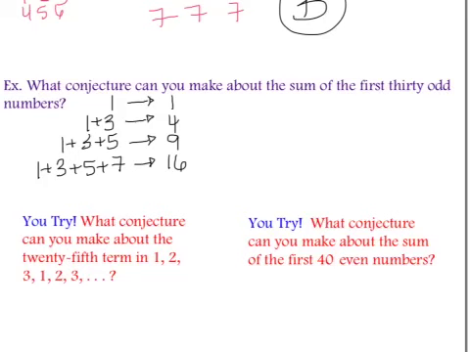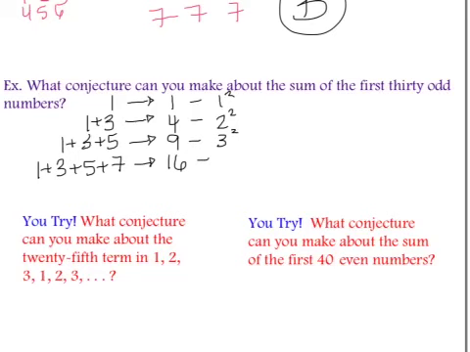In this case, it's not a pattern of addition, subtraction, multiplication, or division, or a combination. It's actually a pattern dealing with exponents. So the first term is actually 1 squared. Our second term is 2 squared. Our third term is 3 squared.